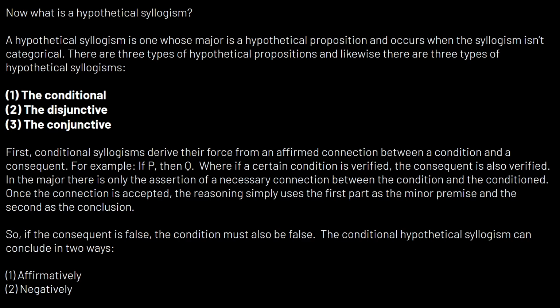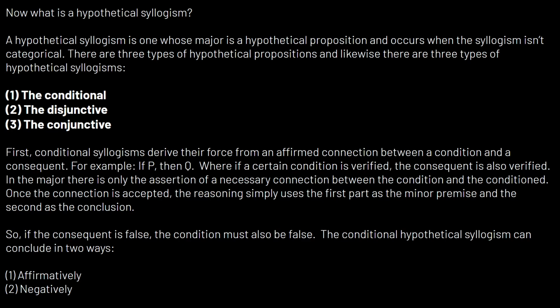Because a categorical proposition affirms or denies something absolutely of a certain subject, right? And so there are three types of hypothetical propositions, and likewise there are three types of hypothetical syllogisms. The three types include the conditional, the disjunctive, and lastly the conjunctive, right?